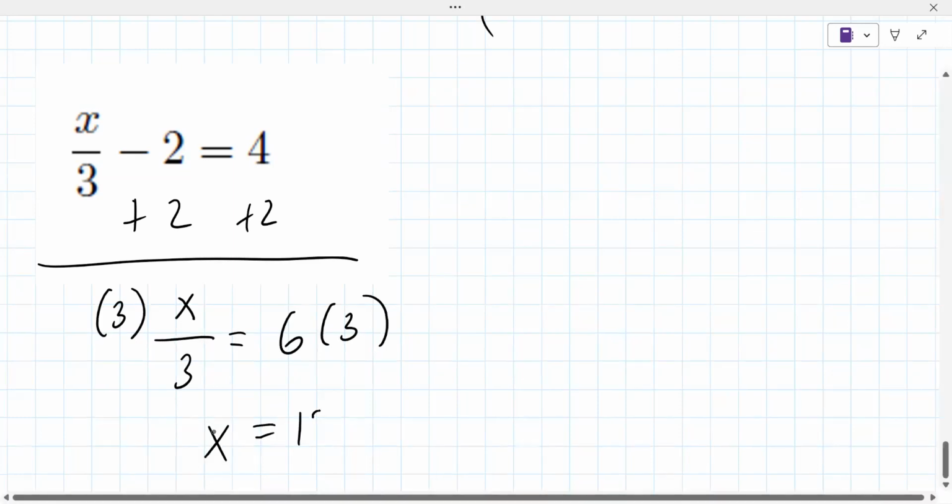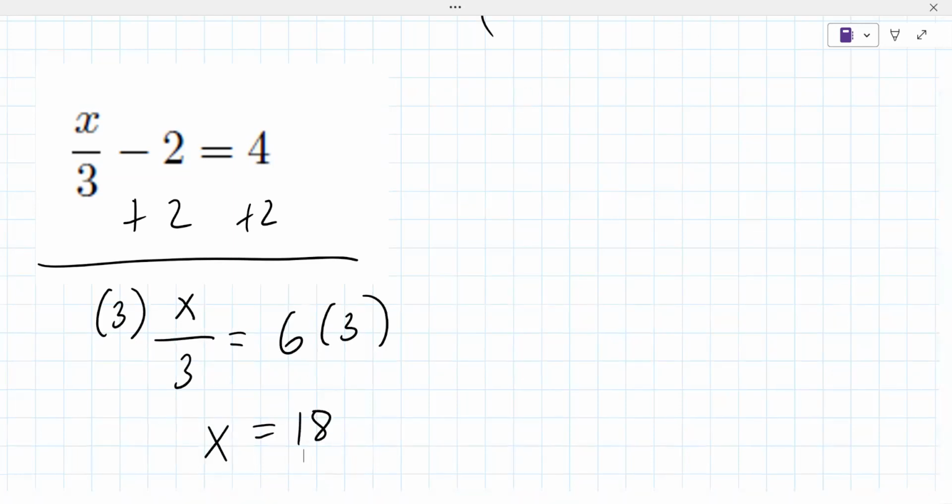So X equals 18. Questions on that? No, sorry.